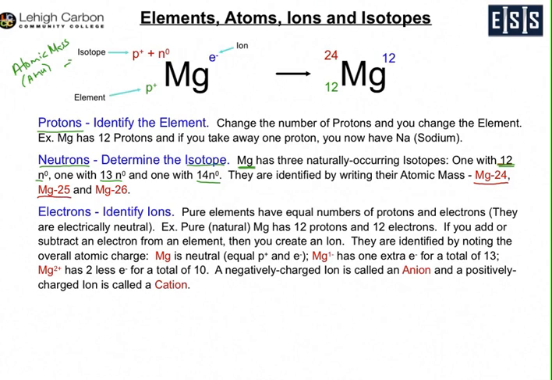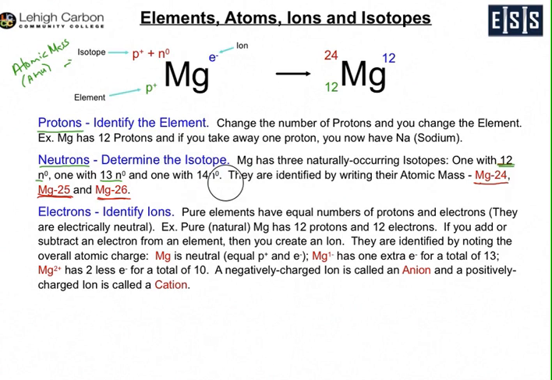This is magnesium with 25 and magnesium with 26. All three of these are isotopes. This is an isotope, and it's the most prevalent one in nature. But there's also a magnesium-25 isotope and a magnesium-26 found in nature. Only the most prevalent one is magnesium-24. So that's how they'll represent the different isotopes of magnesium.